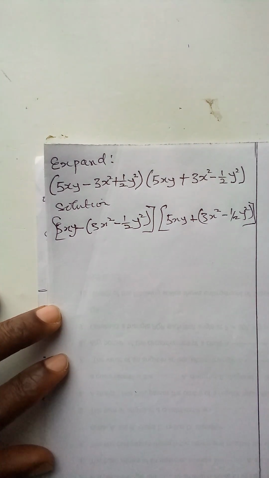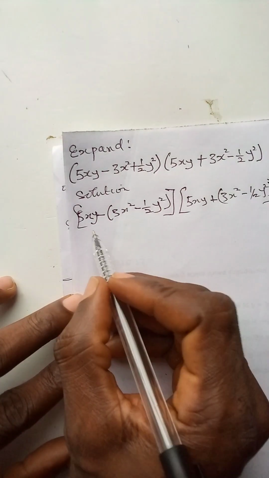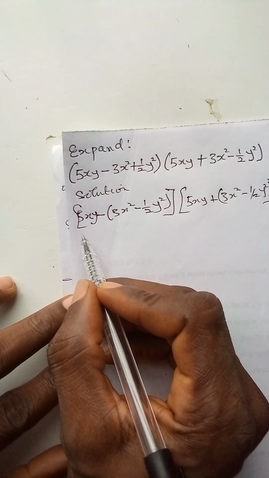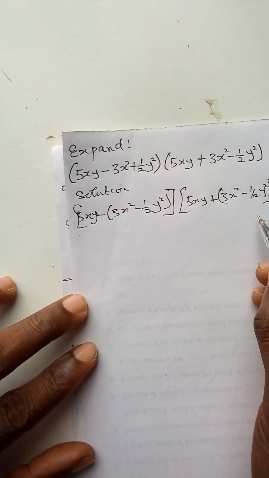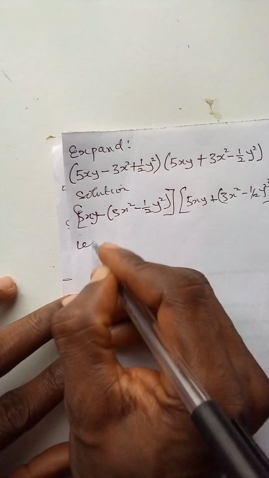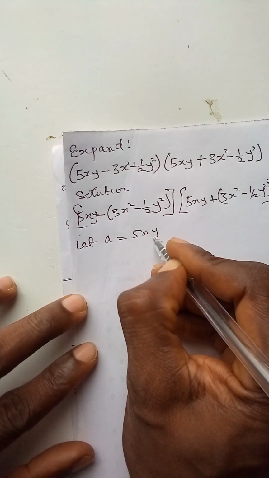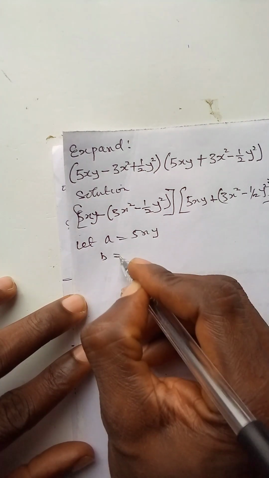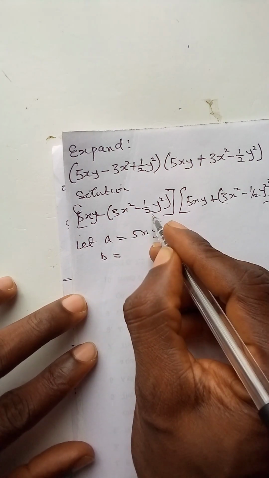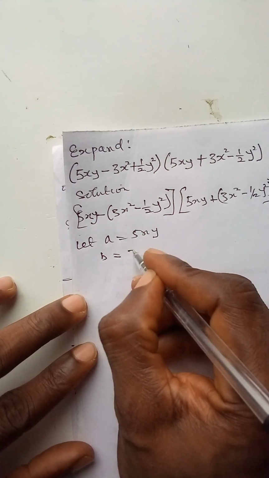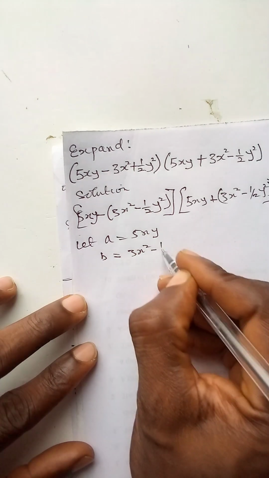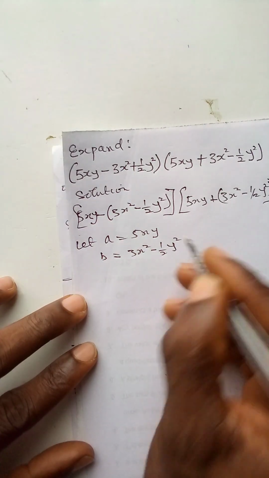So let us make an assumption so that it will enable us to walk through the problem easily. We will let a equal 5xy and then b equal the terms in the inner bracket, which is 3x squared minus 1 over 2y squared.